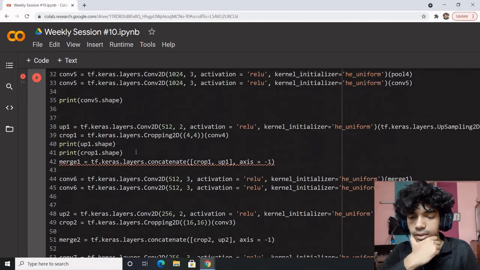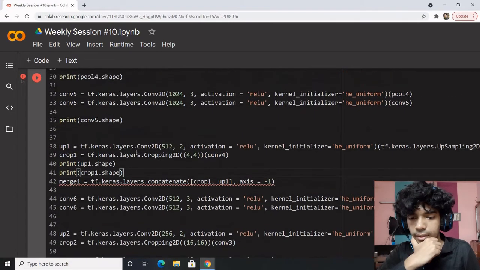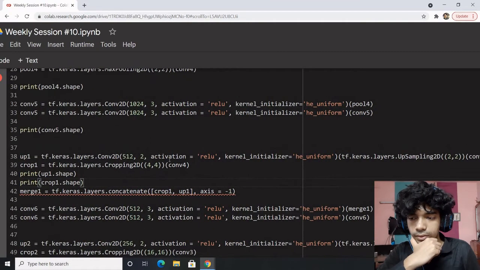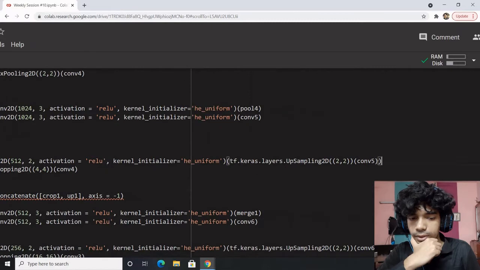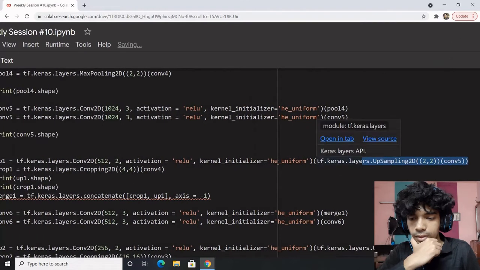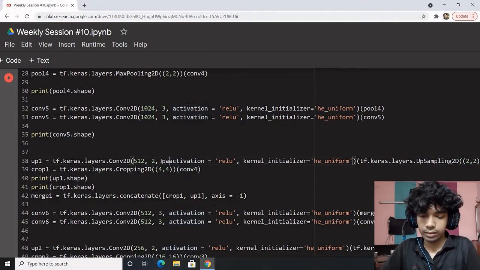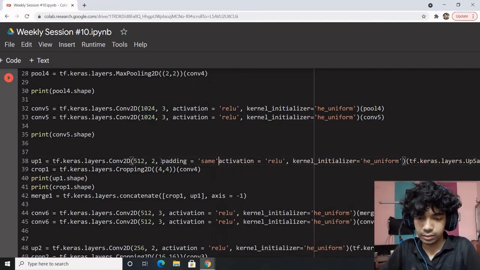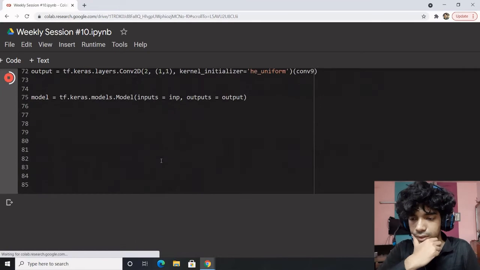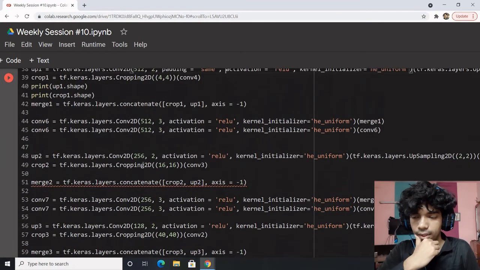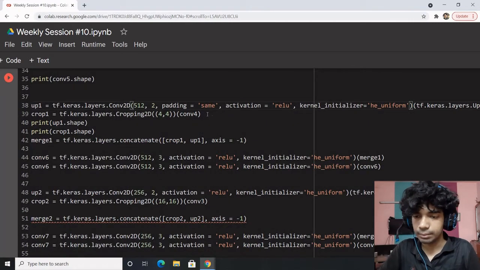Crop is as expected. Up 1 is not as expected. So upsampling would happen on this convolution. What about now? Yeah, here we need padding equals same.